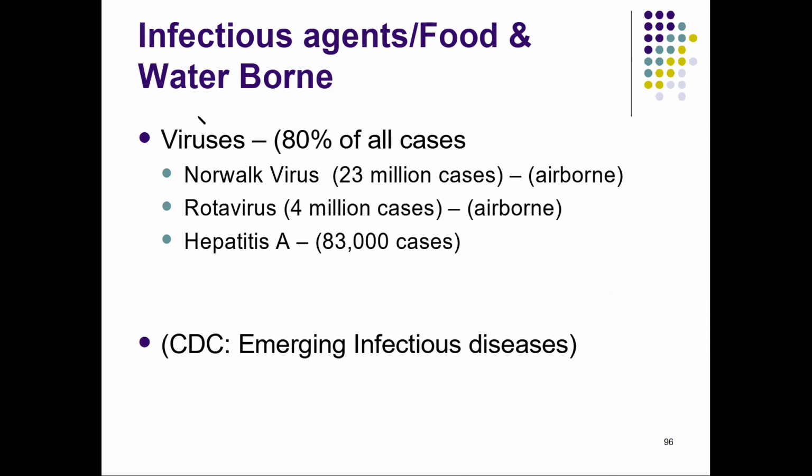Then in water, there are also viruses. You have Norwalk virus, rotavirus, and hepatitis A, all of which you can get from drinking contaminated water, right? Now, I want you to think about what's going on in Haiti. Haiti doesn't exist anymore, right? Haiti is just a collection of gang territories right now.